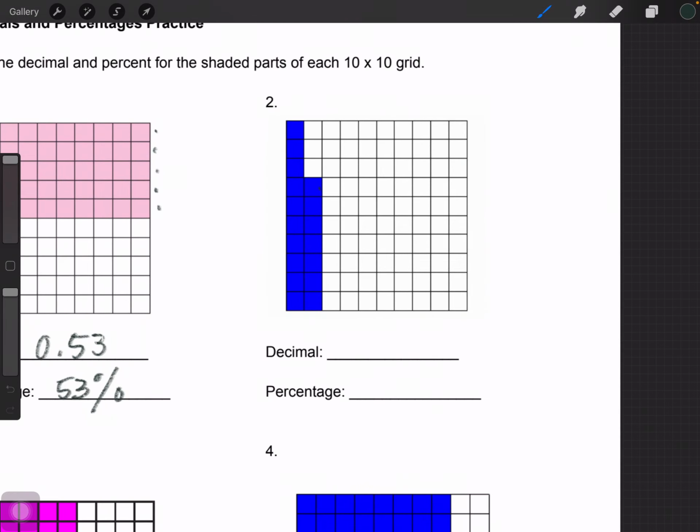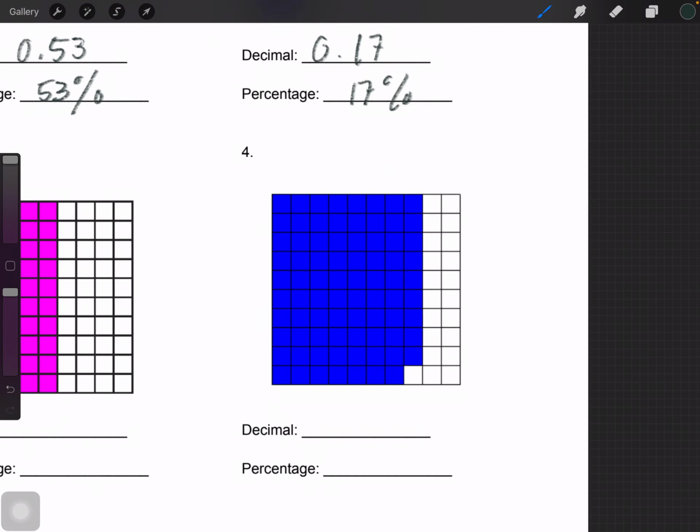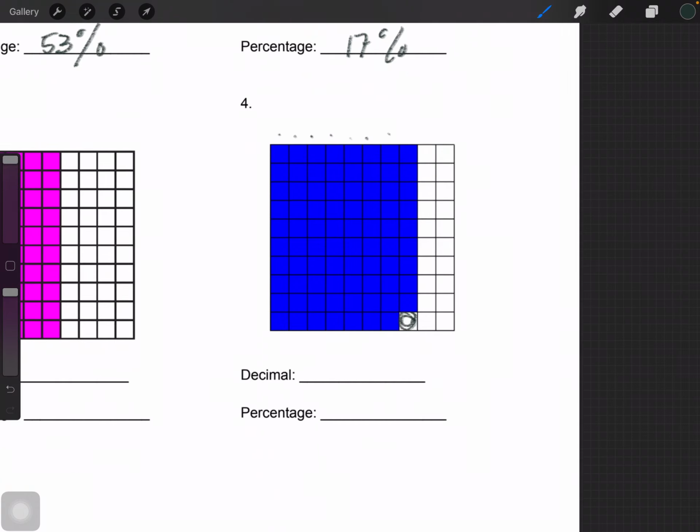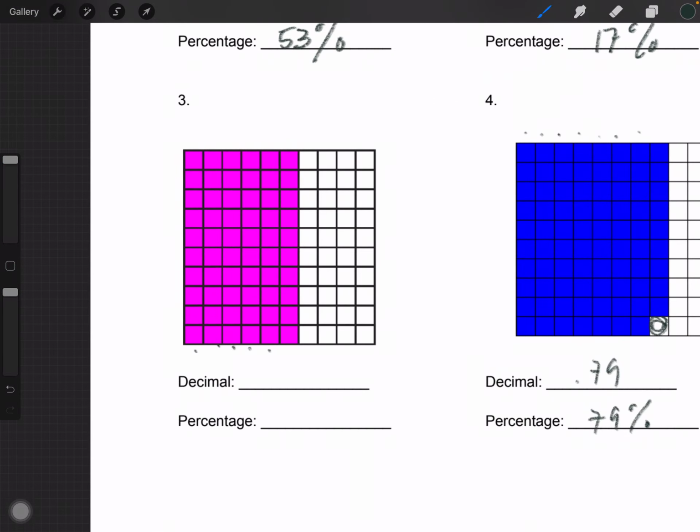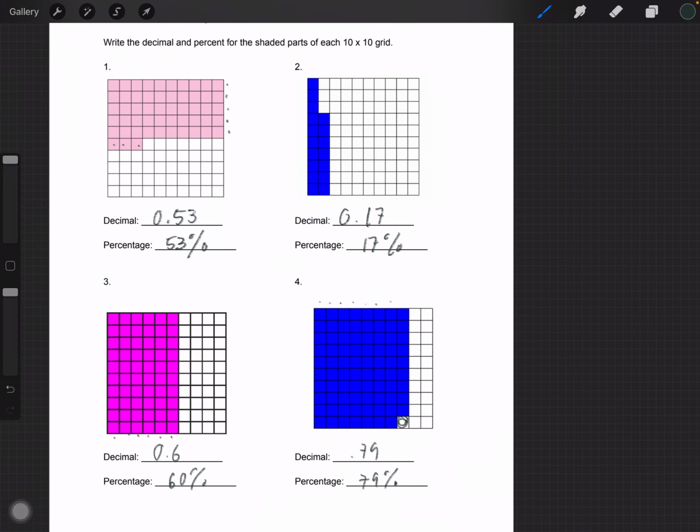This one is 7, because there's only 3 here, so this is 17%, and 0.17. This part is 10, 20, 30, 40, 50, 60, 70, 79, and 0.79, and the last one, 10, 20, 30, 40, 50, 60. This one you can just put 0.6.